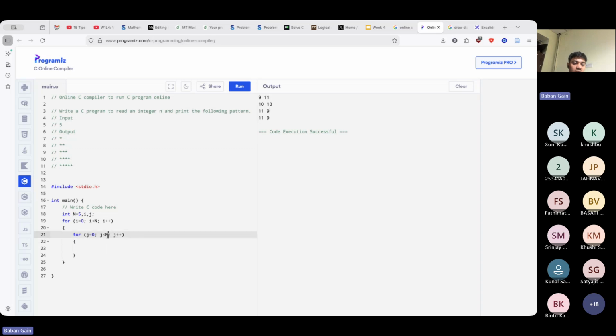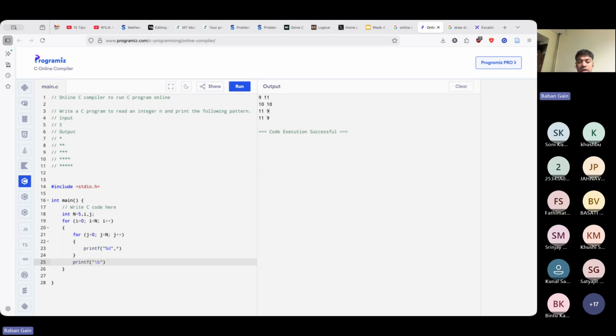Should j be less than n, or should anything else be there? Something like printf percentage d star, and after every line, let's say I have printf percentage n.